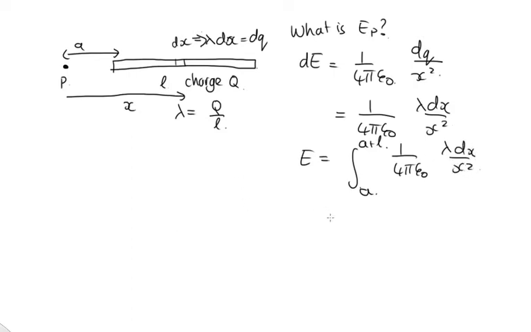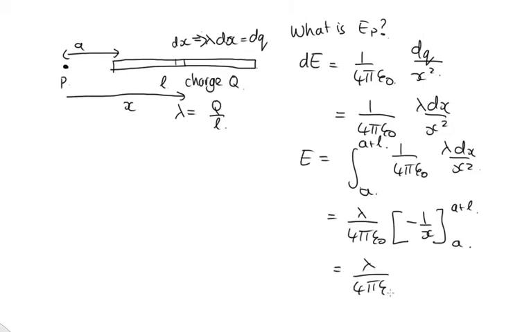Pull all the constants out the front, we end up with lambda over 4 pi epsilon naught, and we're then integrating 1 on x squared, which will give us minus 1 on x. And this is from A plus L to A. So we can write lambda over 4 pi epsilon naught.